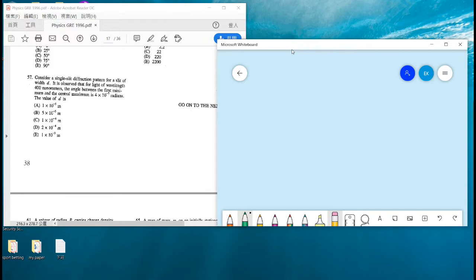Okay, so 57. Consider a single slit diffraction pattern, where the slit width is d, observed with light of wavelength 400 nanometers. The angle between the first minimum and the central maximum is what? It asks about d. Remember the single slit: we have d sine theta equals m lambda.